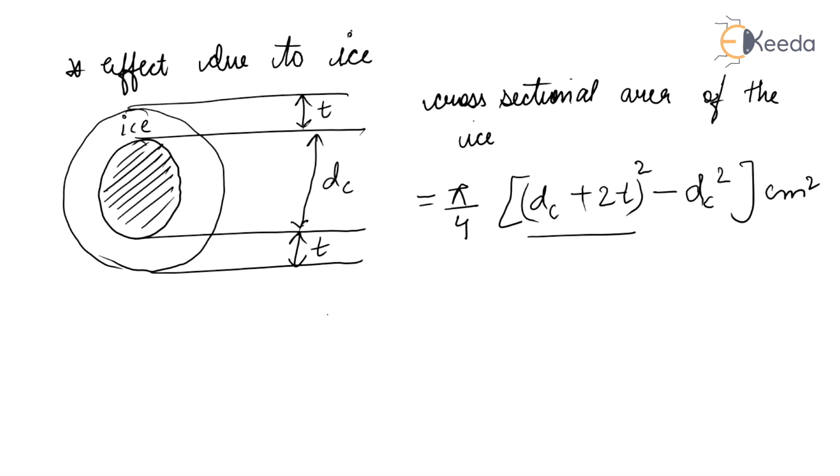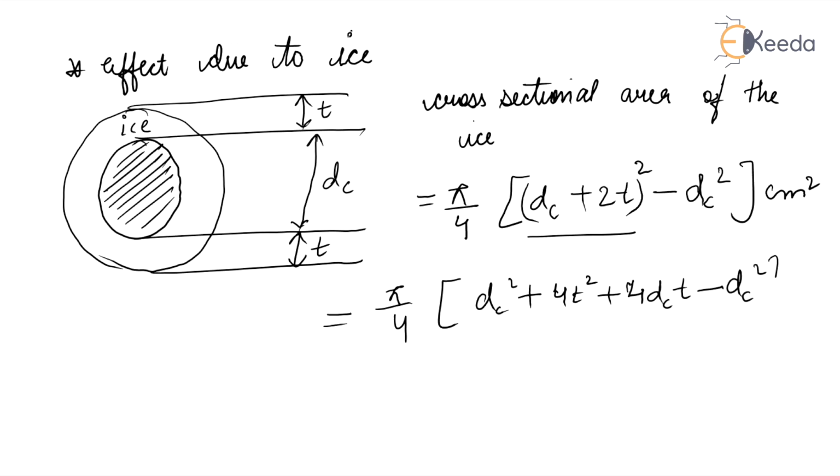We can write this as pi by 4 into (dc square plus 4t square plus 4 dc t minus dc square). The dc square cancels out. Take 4 common, then 4 cancels out.